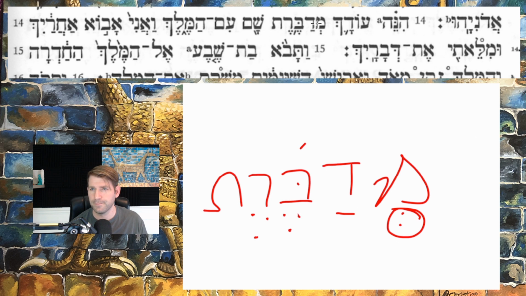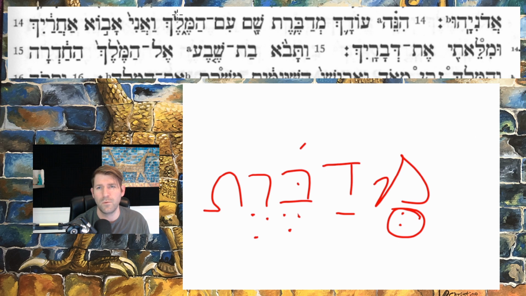Medaberet. I've lost it. There it is. So just the PL active participle, feminine singular, from davar, diber. So while you are still speaking there, sham, im hamelech, with hamelech, the king, good standard, hey, patach, doubling dot there, with the king, va'ani.